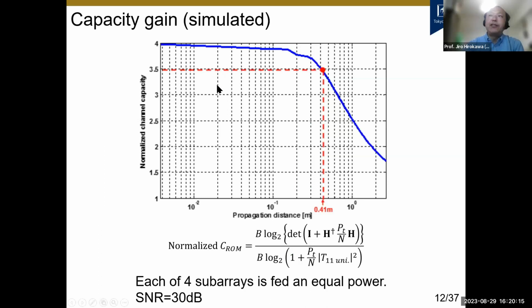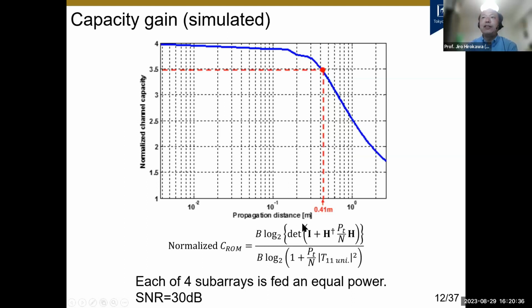This figure shows the propagation distance dependence of normalized channel capacity. In my presentation, the normalized capacity gain is defined according to this equation.